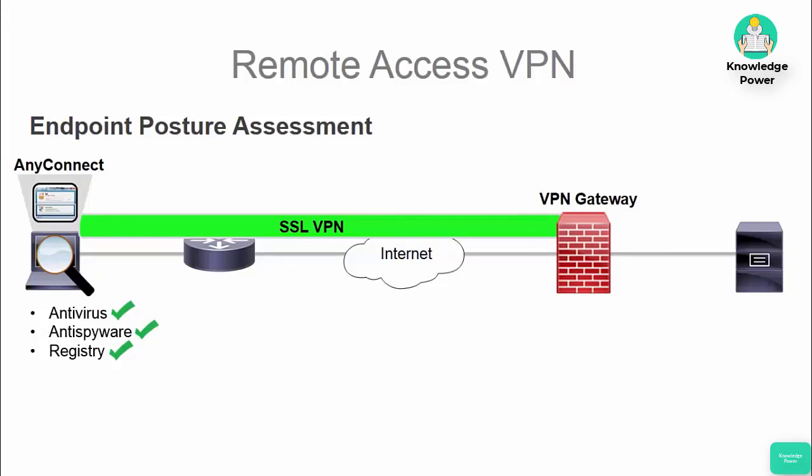If an endpoint does not pass the posture check, then it is denied access to the network or it can be remediated. An example of how you could use posture assessment would be if you only wanted VPN clients to be able to connect if they had up-to-date antivirus, or if you had secret files or registry entries installed on company assets that could be verified during the posture assessment.